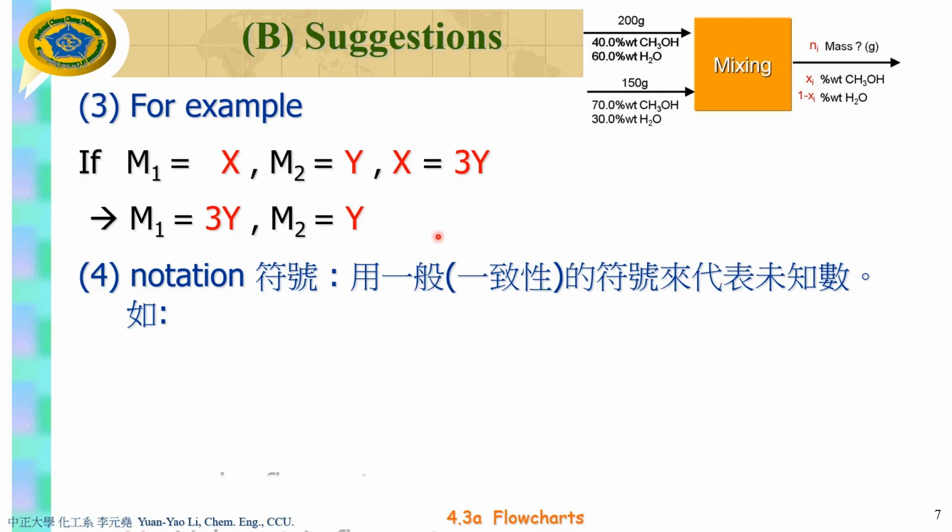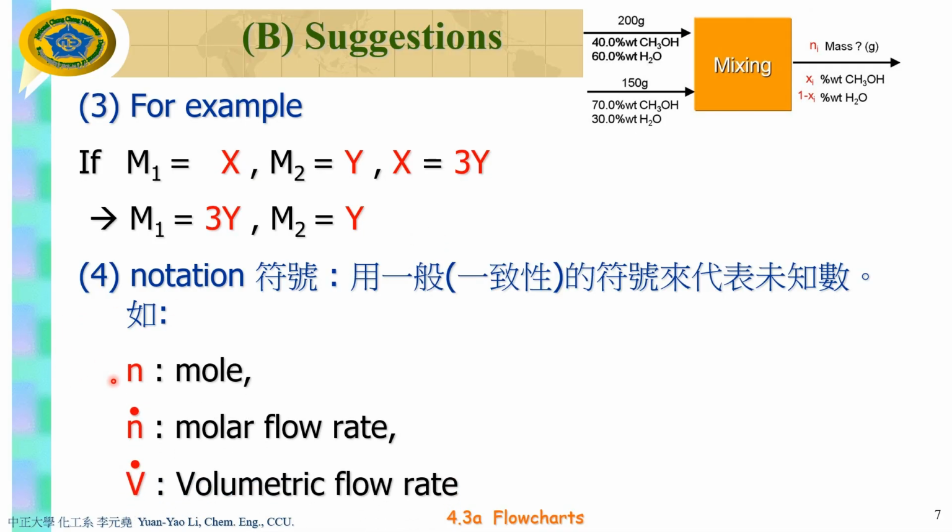And what I want to tell you is that N stands for mole, N-dot stands for molar flow rate, and V-dot represents the volumetric flow rate. This is the symbol you can use to communicate with others without any problem, because everybody knows V-dot is a volumetric flow rate. M represents mass.